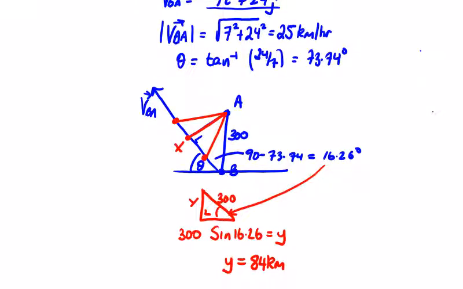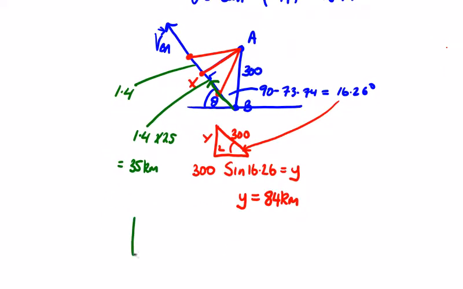So now if we imagine the velocity of B relative to A along this line here is 25 kilometers an hour. In 2.8 hours, it's going to be 1.4 hours in each of these two sections. So 1.4 by 25 will give me the distance traveled along that bottom bit. So that's going to be 25 and 10, 35 kilometers. So then we have our right angle triangle, and we just need the diagonal to get the distance d.